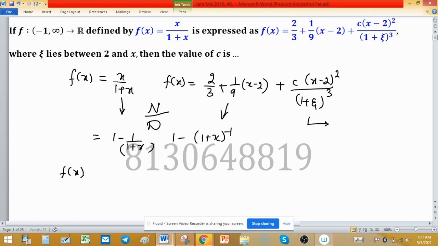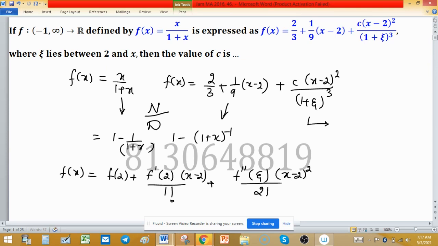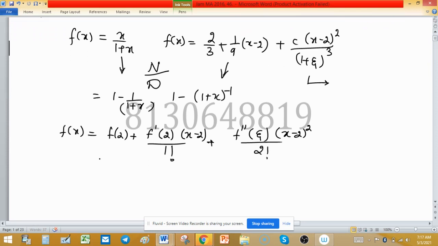So f(x) can be expressed as f(2) plus f prime(2) times (x minus 2) upon 1 factorial, and this is the remainder term, f double prime(xi) times (x minus 2) square upon 2 factorial.